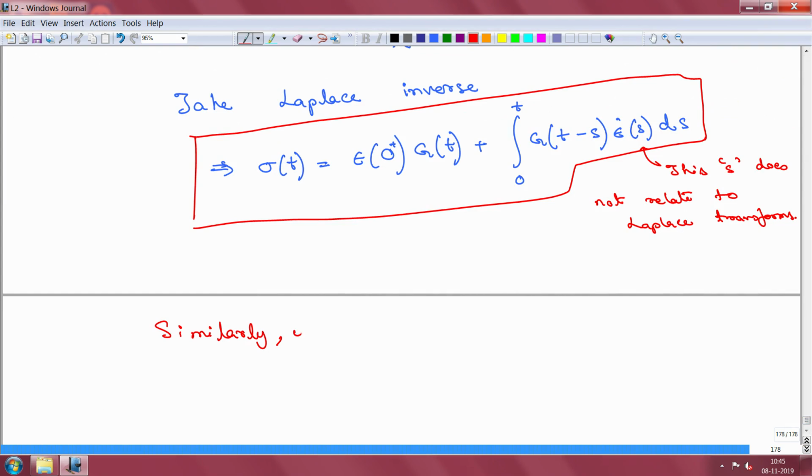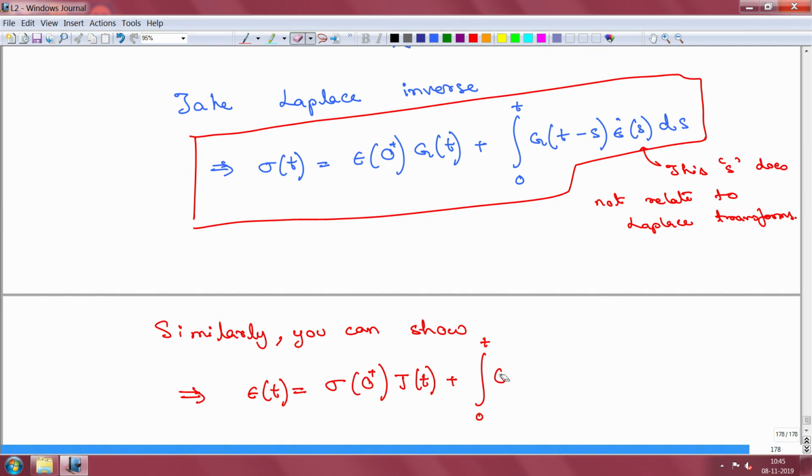So, similarly you can show that epsilon t is equal to sigma 0 plus, and instead of g you will have the j, the creep compliance, and here you will have a very similar convolution integral, with j instead of g.